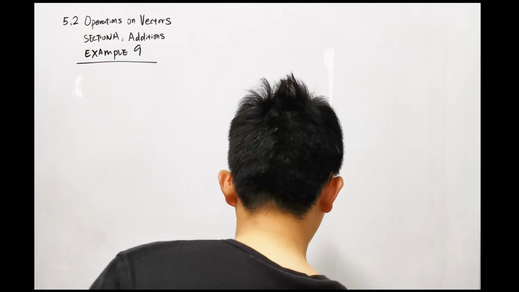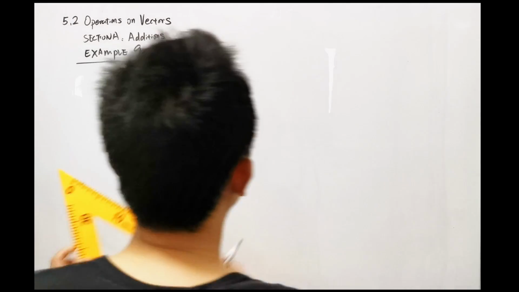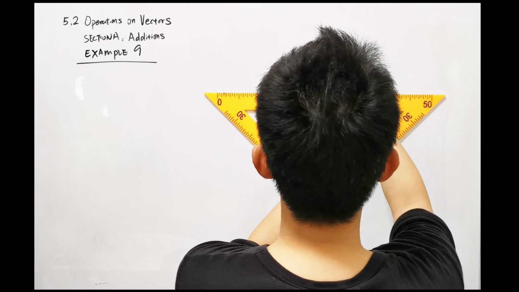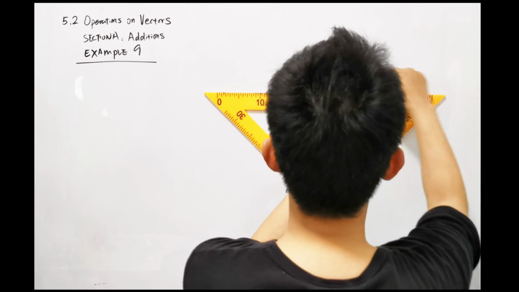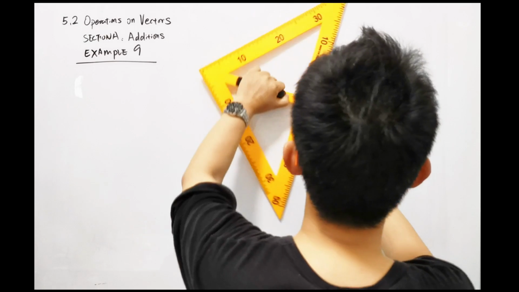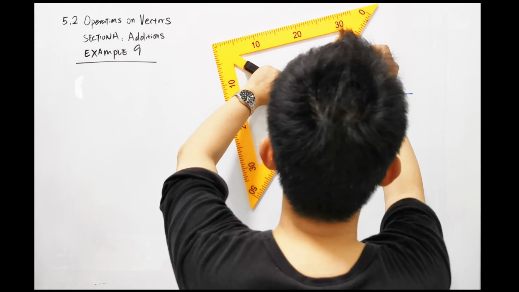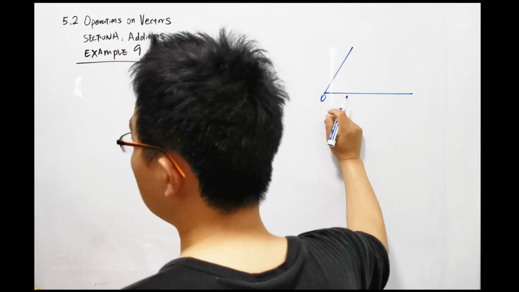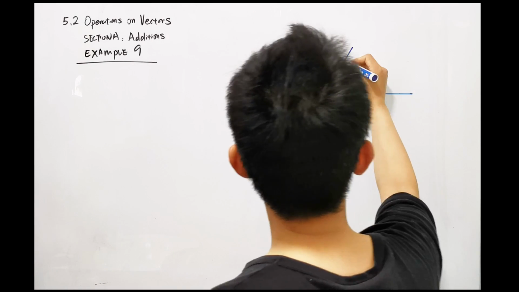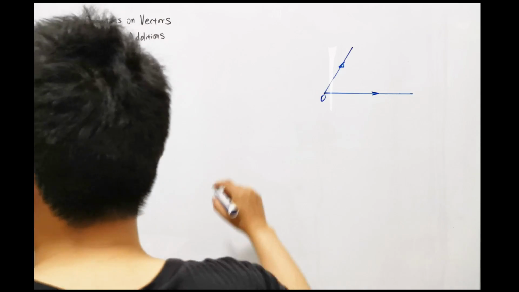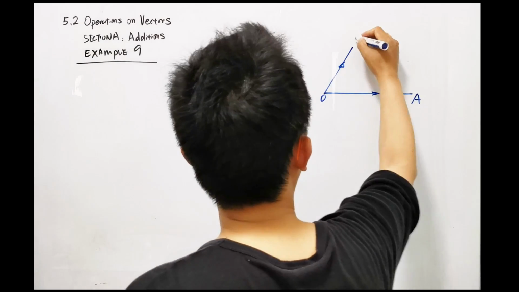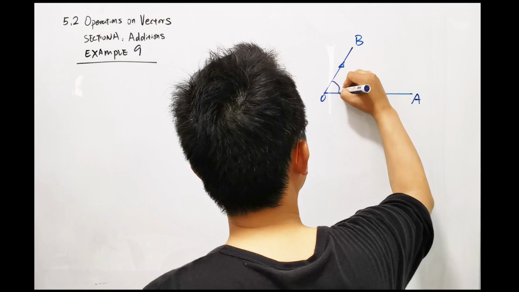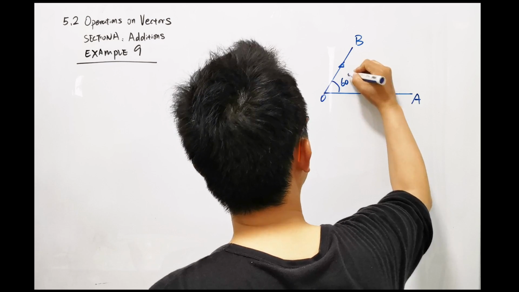We have O, and then we have this direction. We call it A, we call it B. Also take note that the angle is 60 degrees.